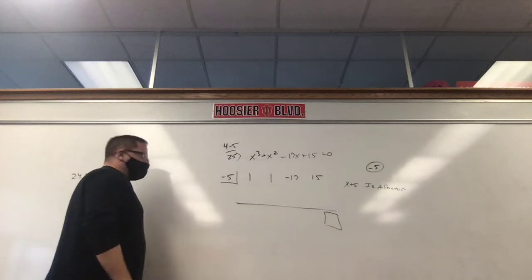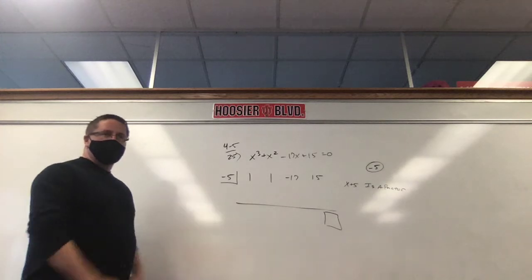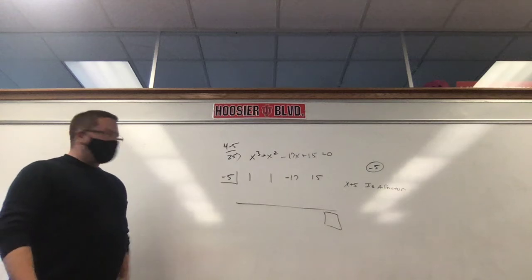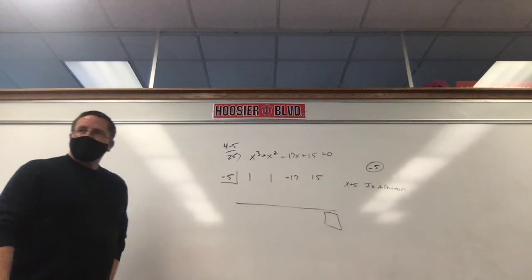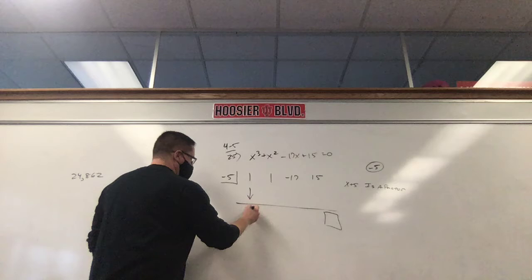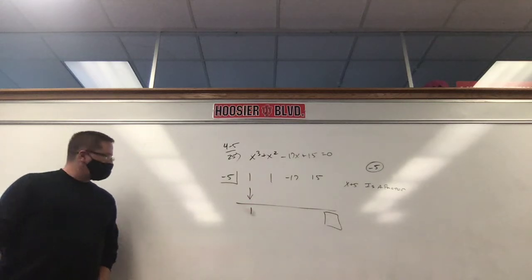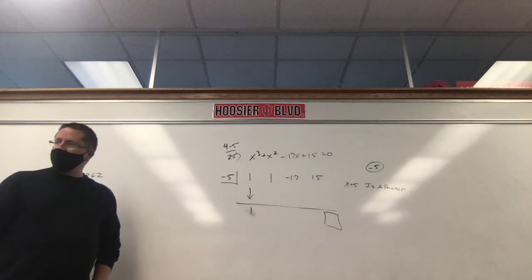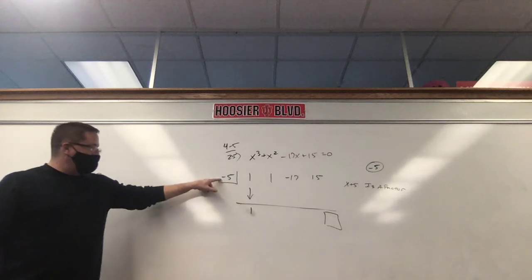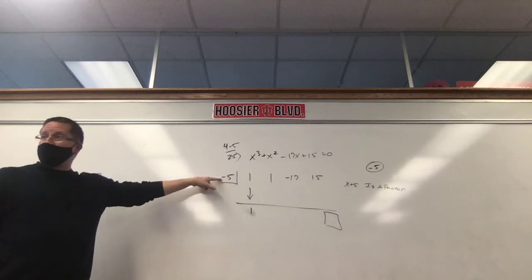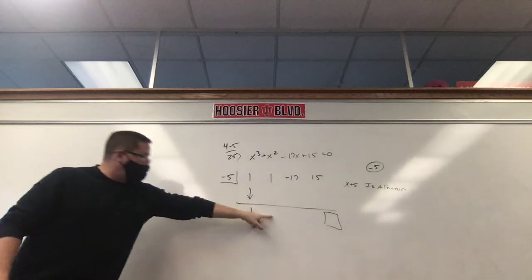Okay? So you guys remember, I don't know if I've done a synthetic one with you other than on video. What do I do with this 1? Do you guys remember? Drop it down. Don't put a 5, put a 1. And then what do I do? Multiply 1 by the magic number, -5. That's -5. Where's that -5 go? Right here.